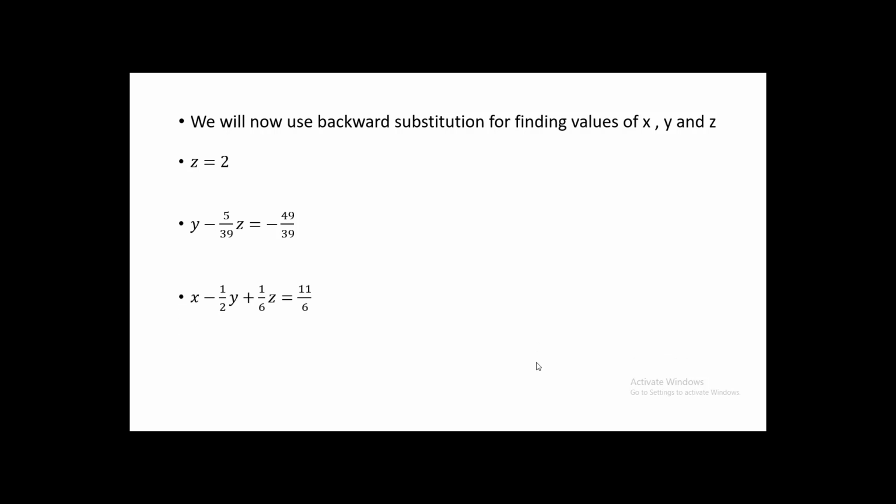Then x minus 1 by 2 y plus 1 by 6 z is equal to 11 by 6. What I have done here is just write down all the equations that I got after the Gaussian elimination. These are my results. This is my equation A and this is my equation B.